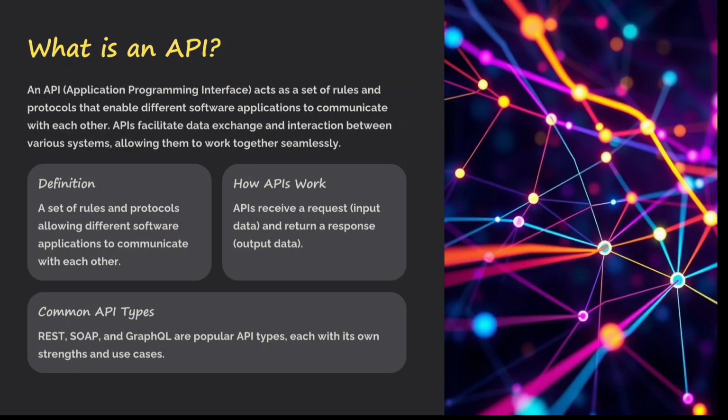Let me try to explain in a more layman way. Suppose I have one application A. I want to integrate Google Map inside my application. Should I write the whole code from scratch? The answer is no, I shouldn't do that. Instead, I just navigate to the Google Map portal and search for the APIs.